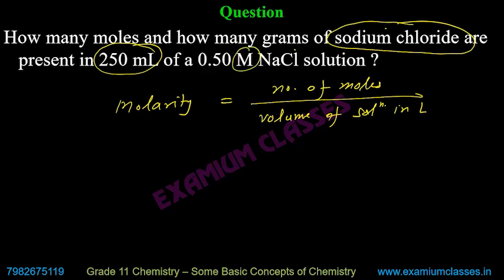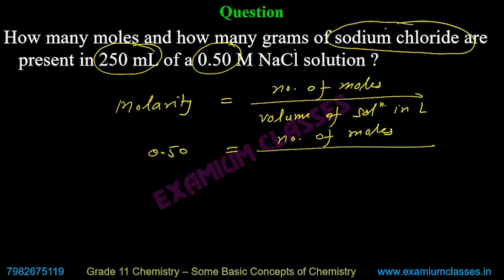Capital M indicates molarity. So what you have been given, 0.50, is molarity. Number of moles you have to calculate according to the question, how many moles, divided by volume. Volume is 250 milliliter, that is 0.250 liters.